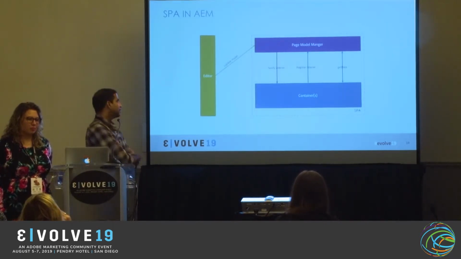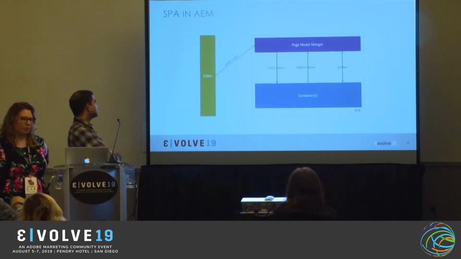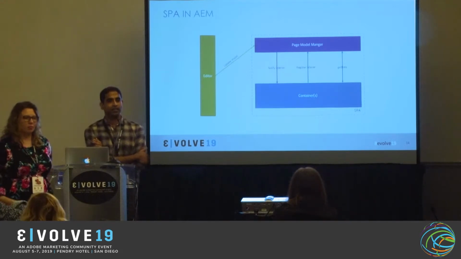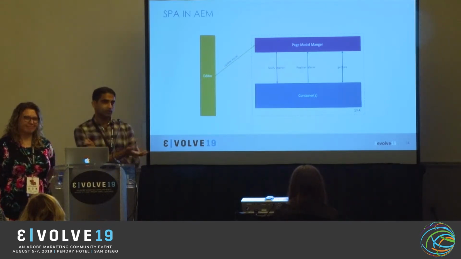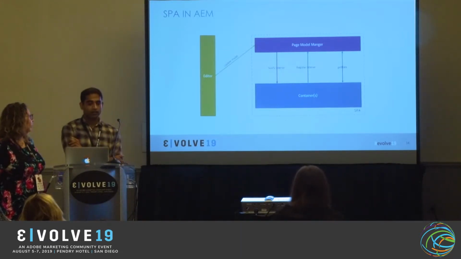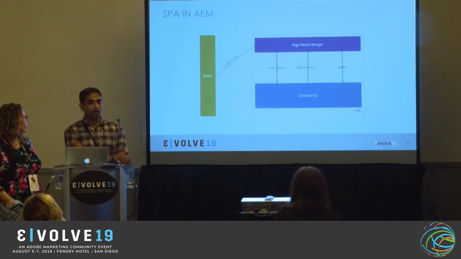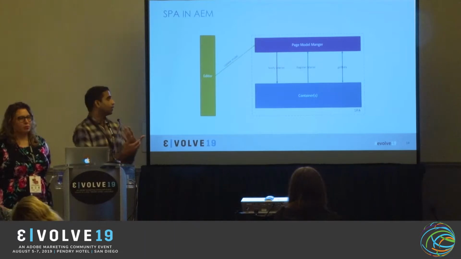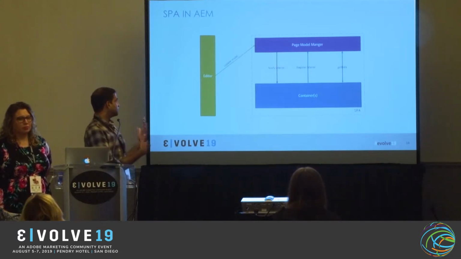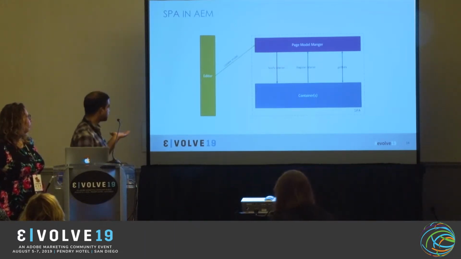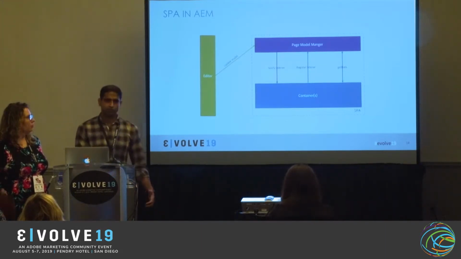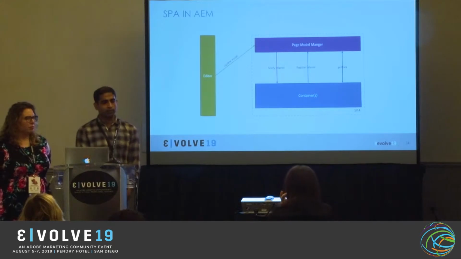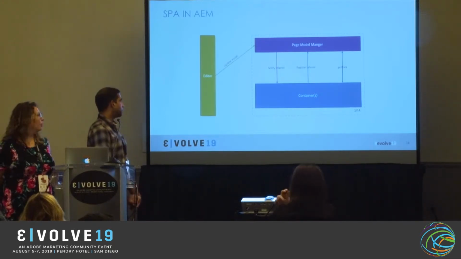This is just a model of how the SPA editor works in AEM. It is the difference between the normal AEM project and how SPA works. Basically, the difference is that things happen at the editor level, and the architecture we use, which is provided by Adobe, provides that editor also.